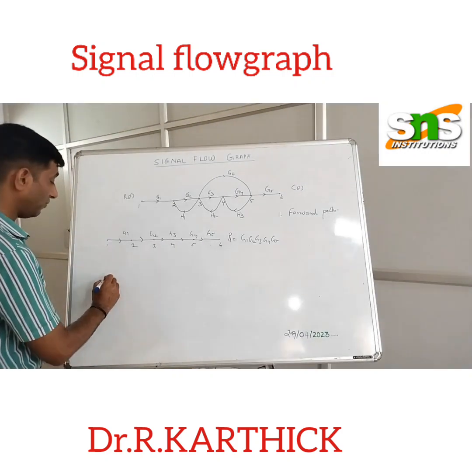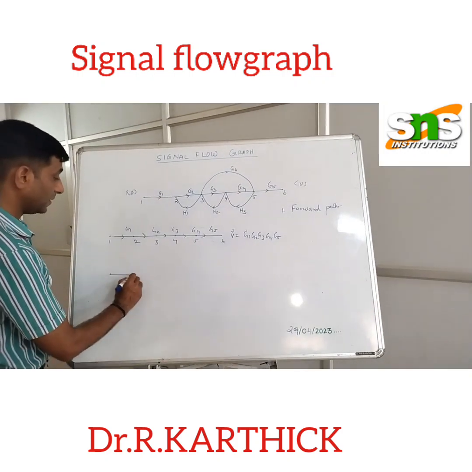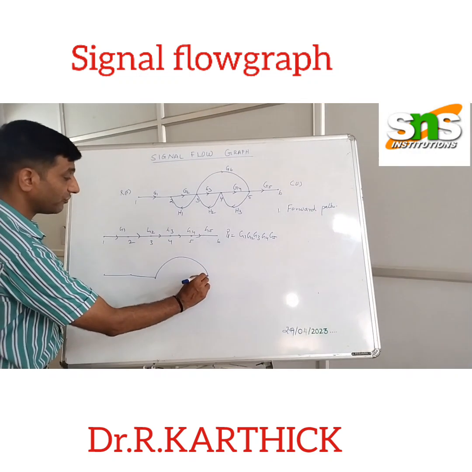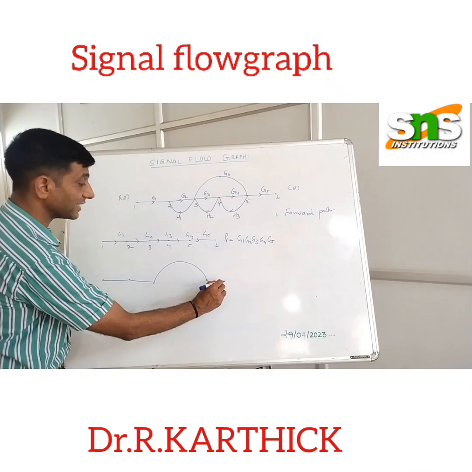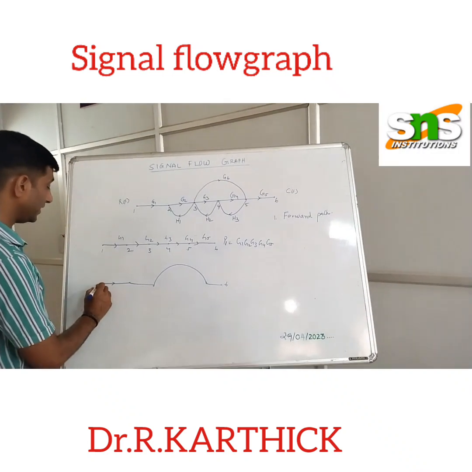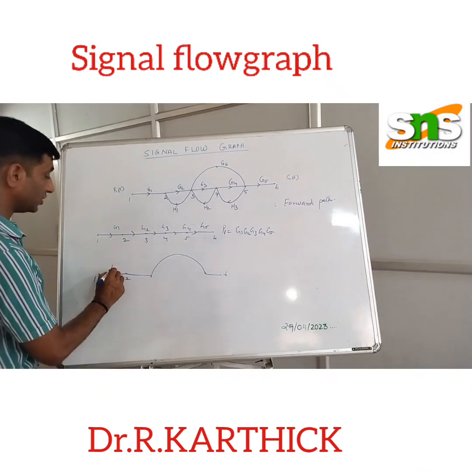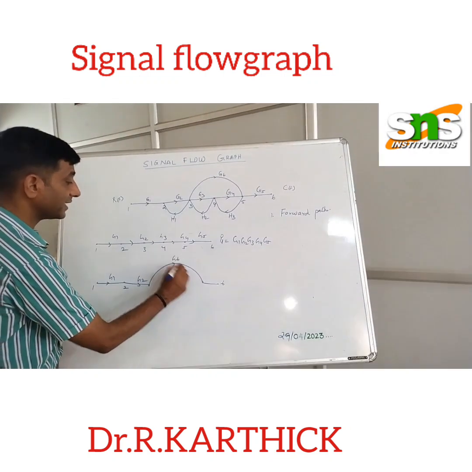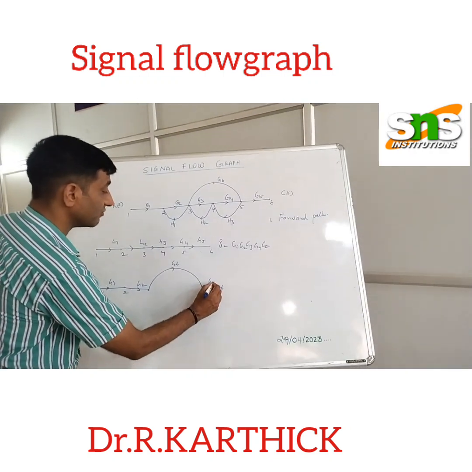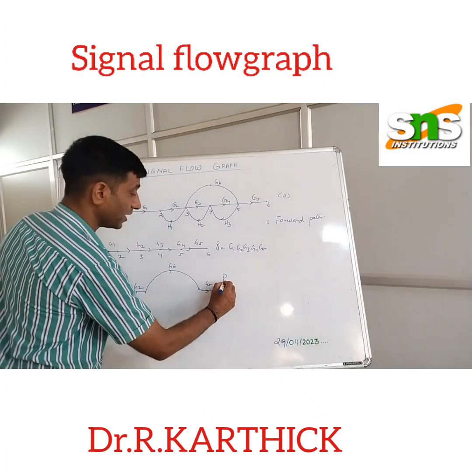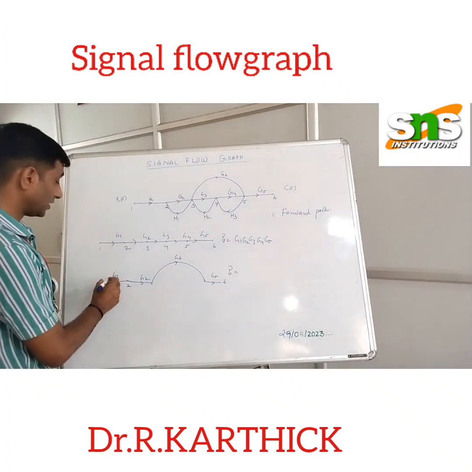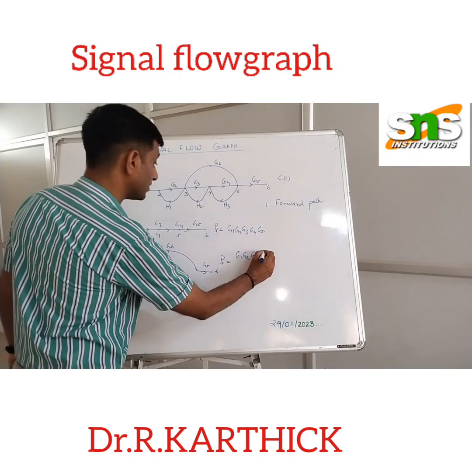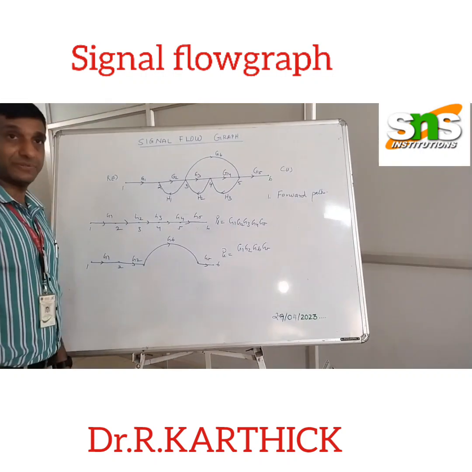Similarly, we have another forward path, which goes 1, 2, 3 and then goes to 5 and finally 6. This is my second forward path, with G1, G2, G6 and G5. I'll call it P2, which is nothing but G1, G2, G6 and G5.